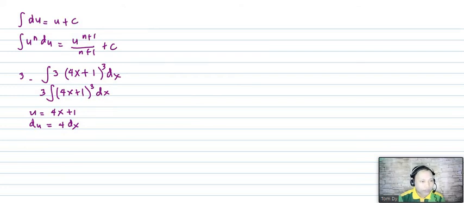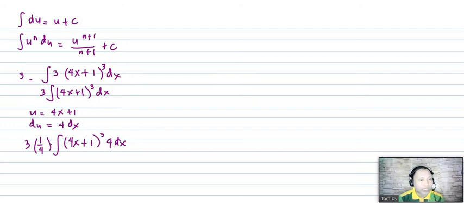So again, we will write here 3, and then the reciprocal of 4, which is 1/4, times the integral of (4x plus 1) raised to 3, and you have here 4 dx. This is supposed to be our du. So this is u to the n du.